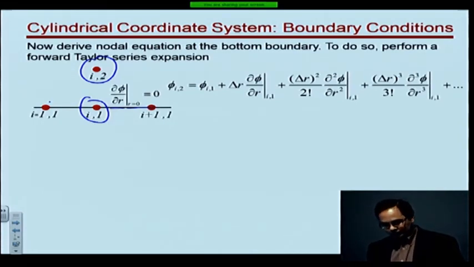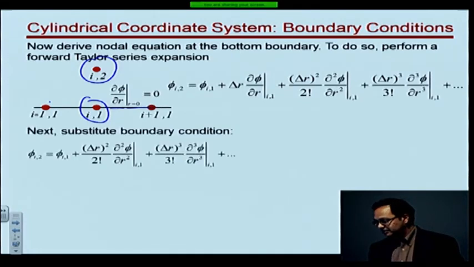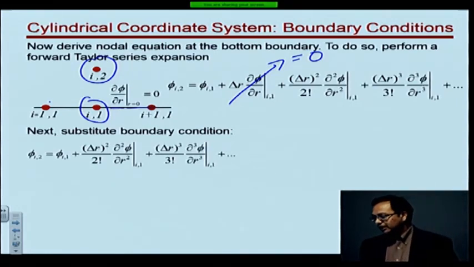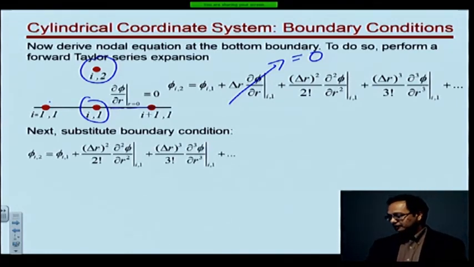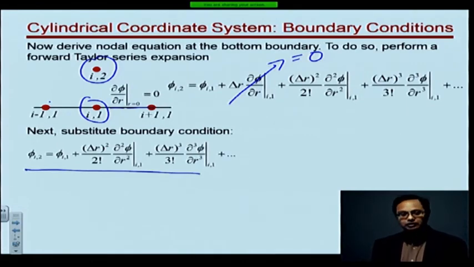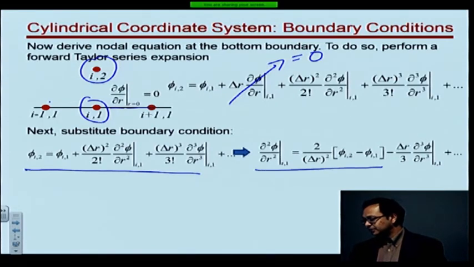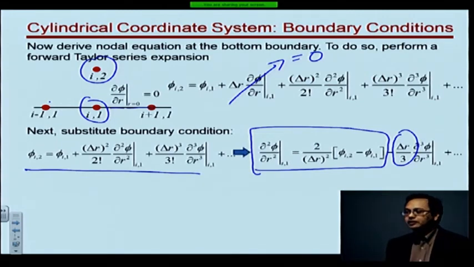That's just a one-point Taylor series expansion. We substitute in the boundary condition which says that this is equal to 0. So that term is gone and we end up with this equation here, and then we rearrange that. Once we rearrange that, we get this expression for my second derivative. And of course the error is first order, because we used only one Taylor series expansion.